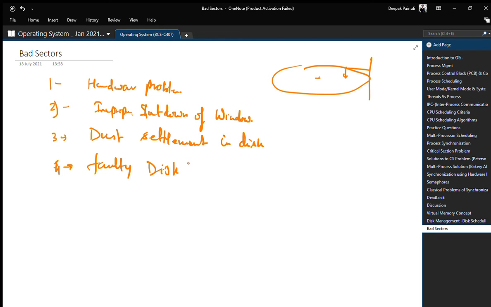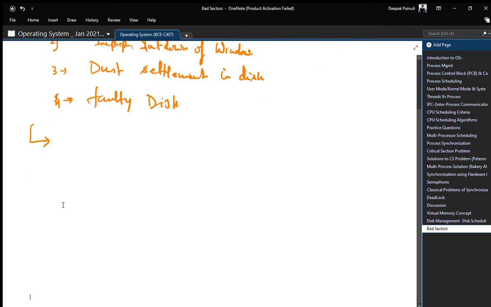So these could be the reasons for bad sector creation, and if bad sectors are there, you need to solve them, because otherwise the data residing on those particular sectors is totally unreadable, you cannot access it. So there are some techniques by which an operating system or disk manufacturers can manage these bad sectors. There are two techniques.